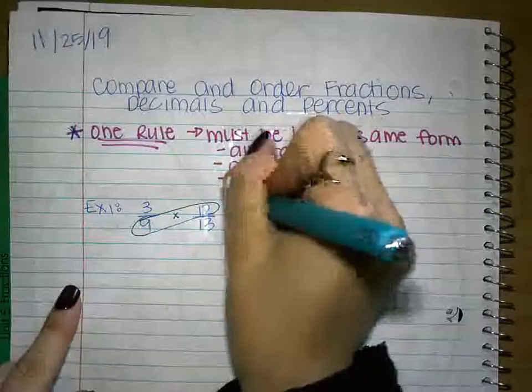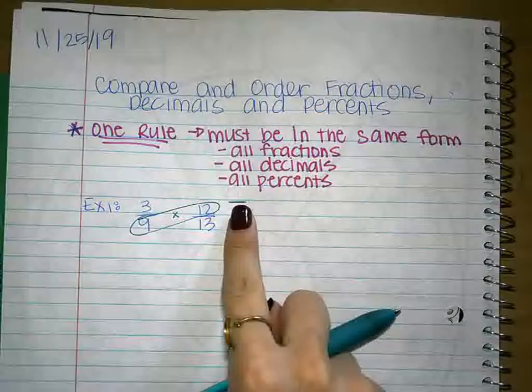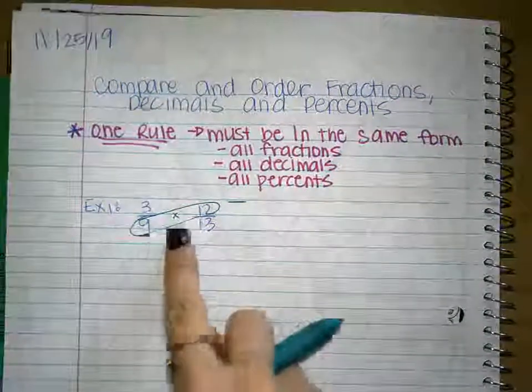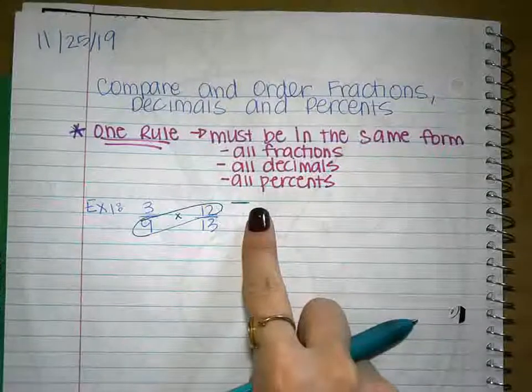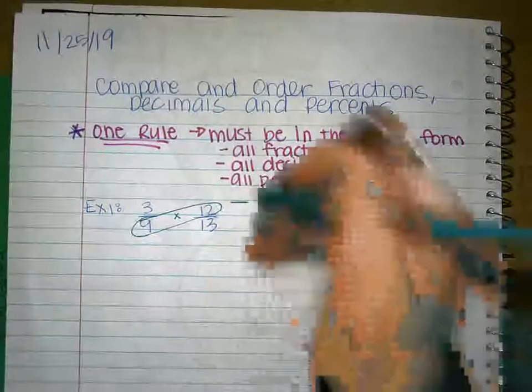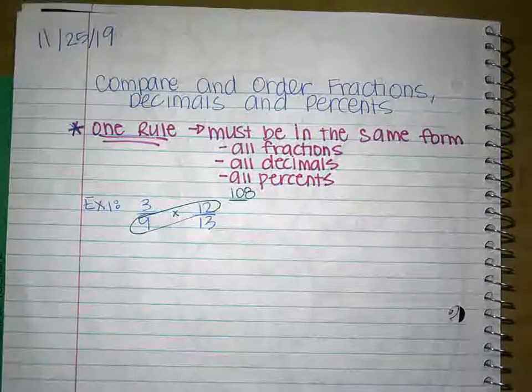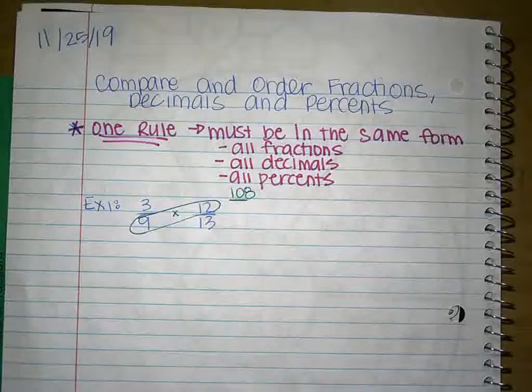And then I'm going to write it right above my numerator. So 9 times 12 is? 108. So I would write 108.